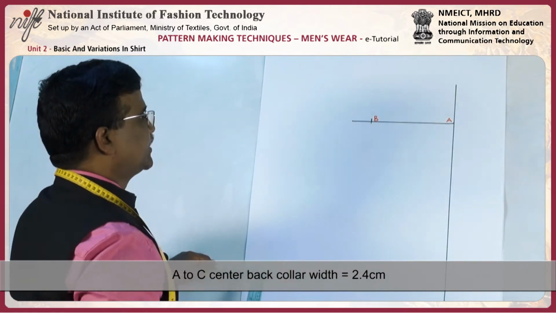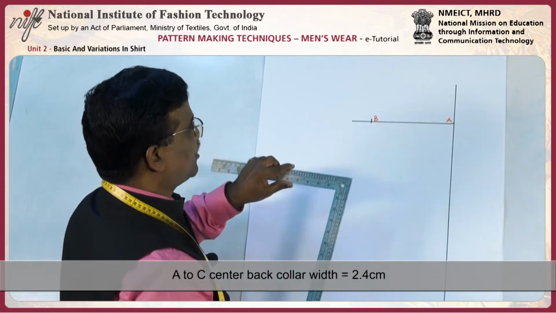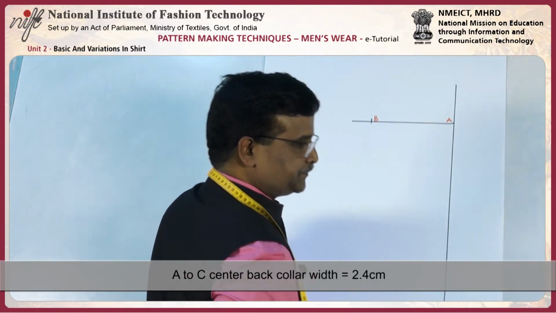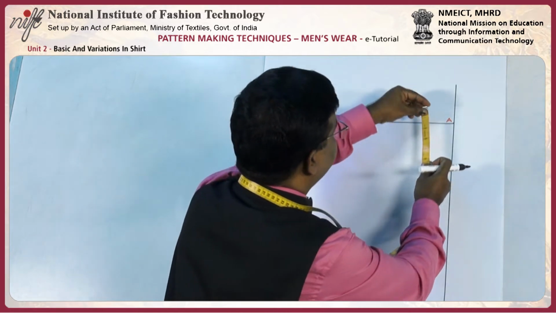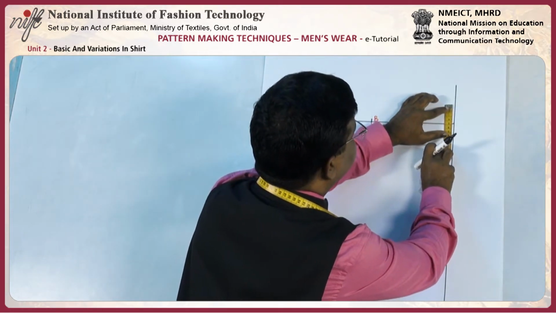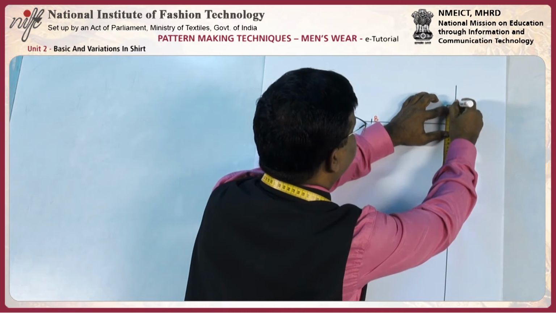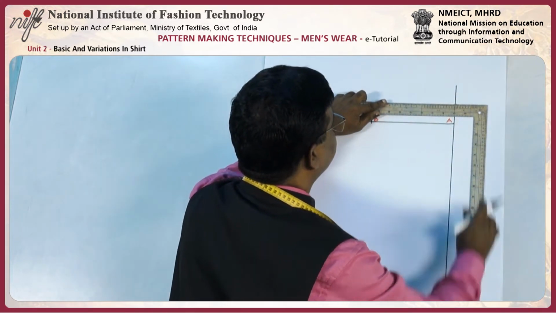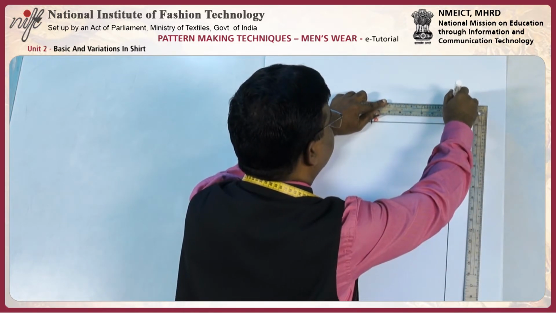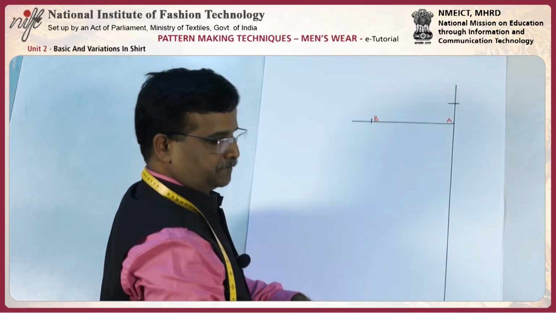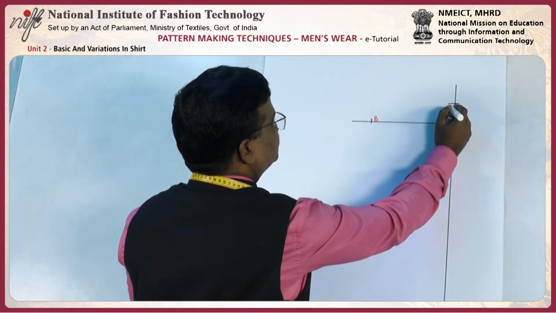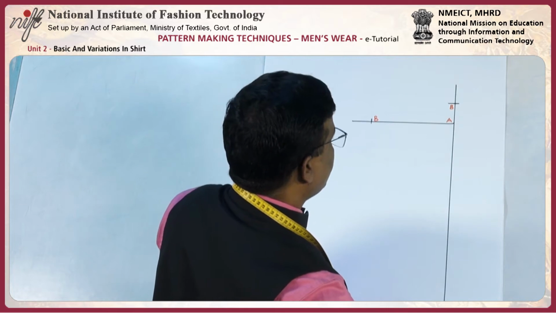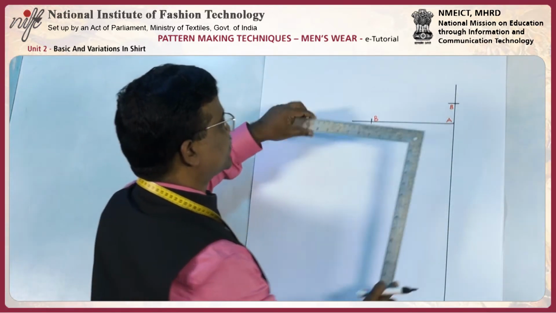A to C, center back collar width, 4.7. From B, square out.